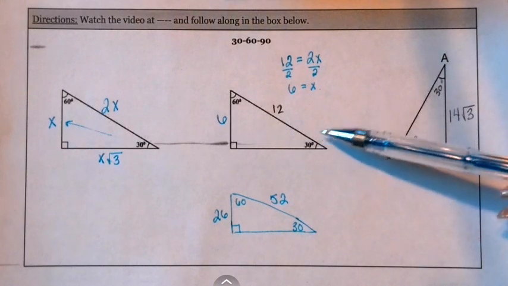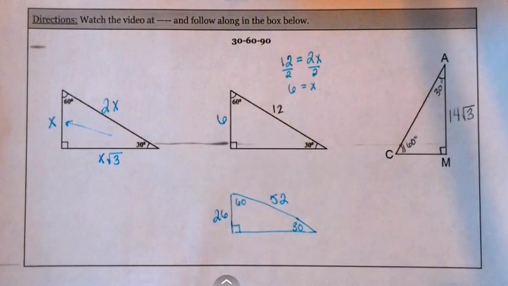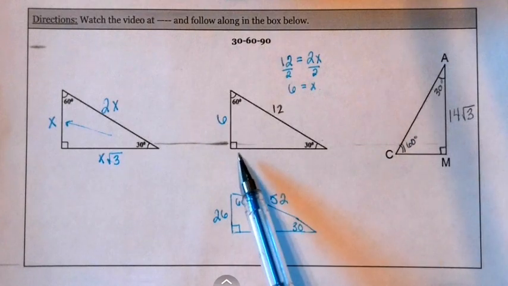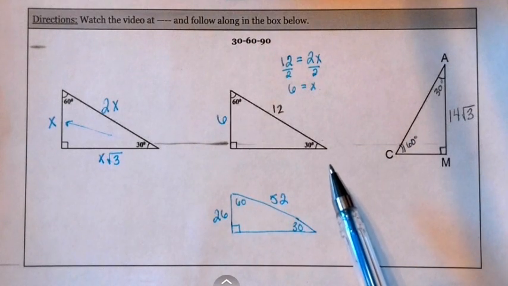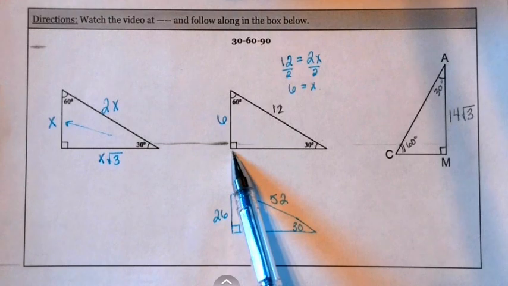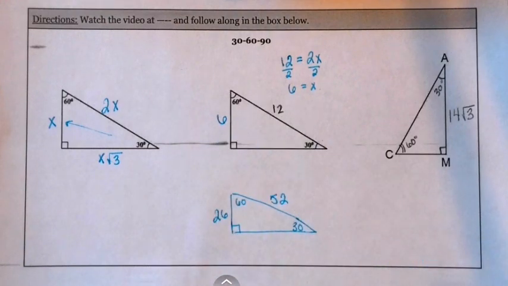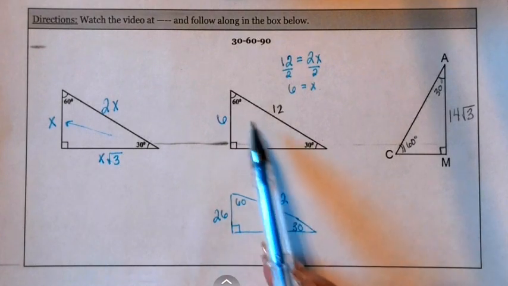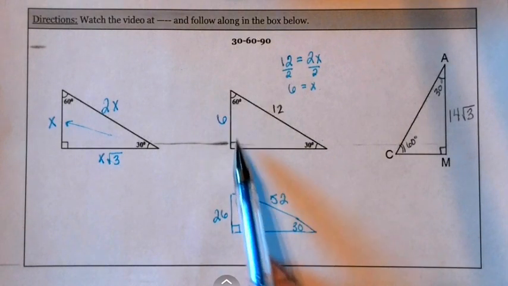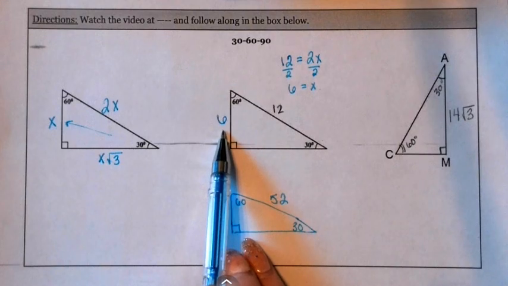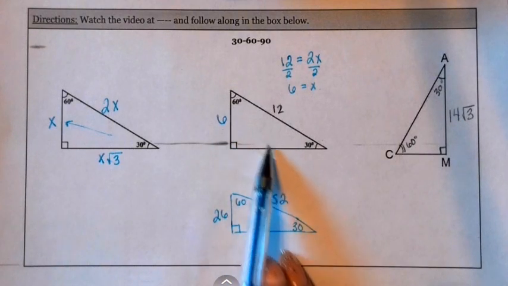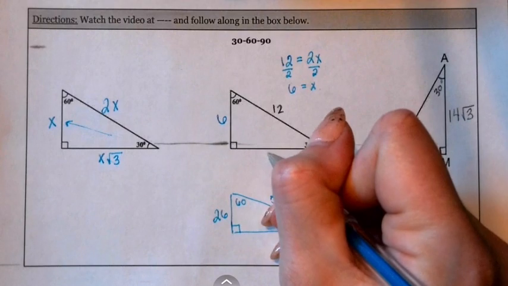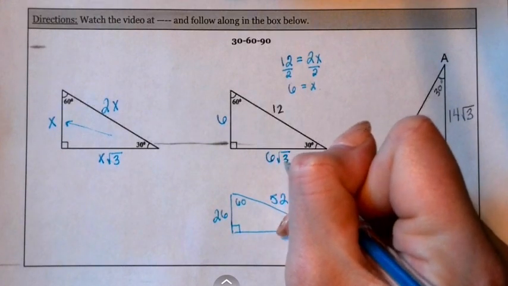Going back to the one up here, now that I have two sides, I can do the third side. If you remember with the Pythagorean theorem, since this is a right angle, we could do the Pythagorean theorem for the last side, but since we do have a common rule for a 30, 60, 90 triangle, if this side has a length of 6, then the side across from my 60 degrees is going to be 6 times the square root of 3.